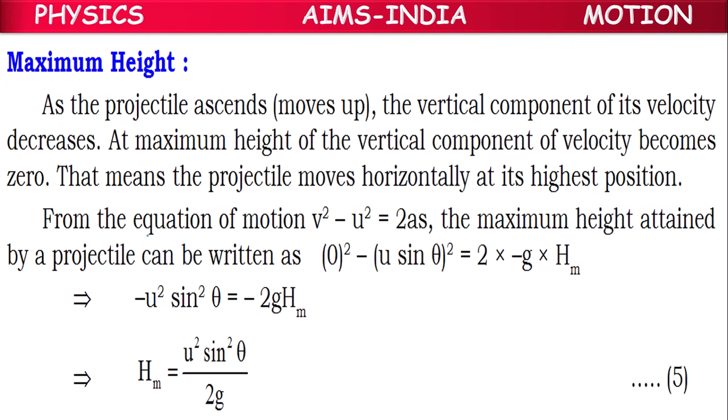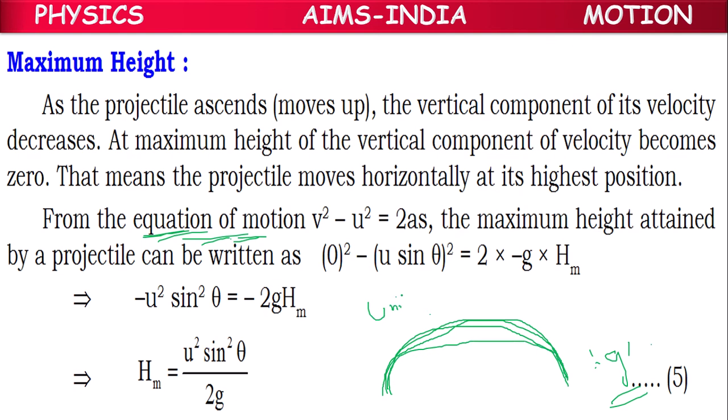So here, children, from equations of motion, because an oblique projectile is an example of what motion, children? It is under the influence of g, meaning throughout its journey it is affected by acceleration due to gravity, which is uniform. So this motion is an example of uniformly accelerated motion.